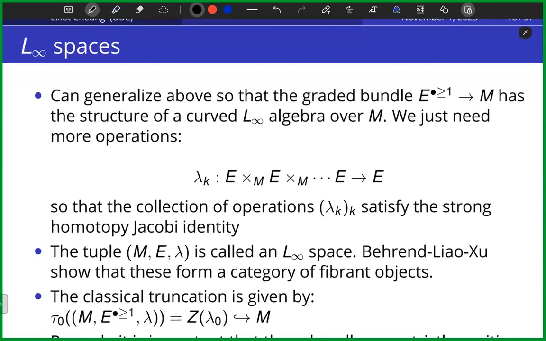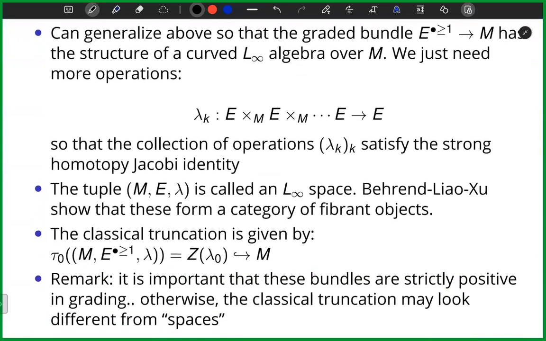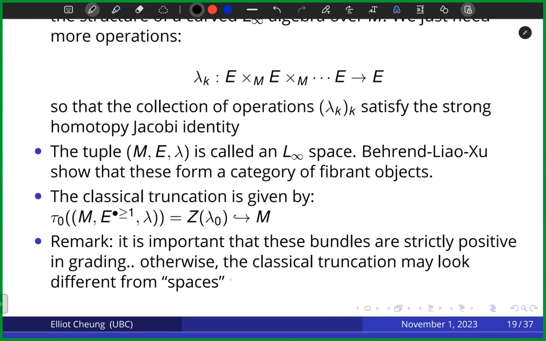The classical truncation of an L infinity space is the vanishing locus of the curvature section. I will make a remark here that it's important that these bundles are strictly positive in grading. Otherwise, the classical truncation may look different from spaces; you can get algebroids instead.